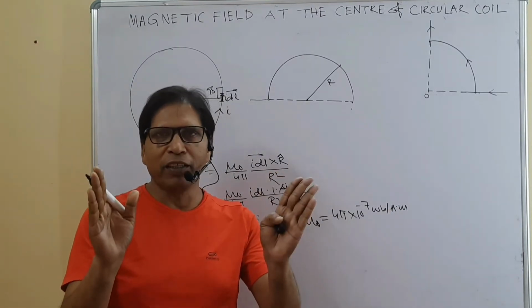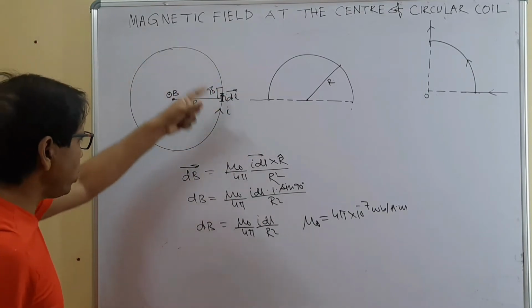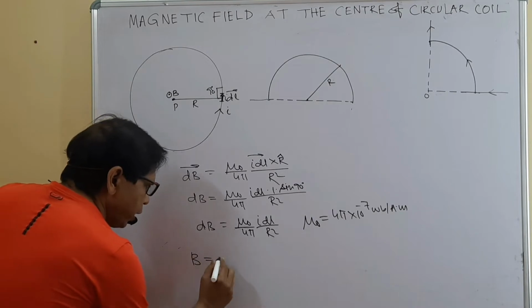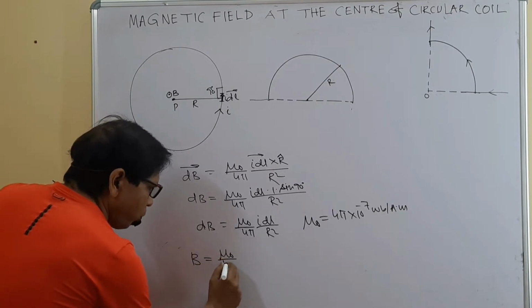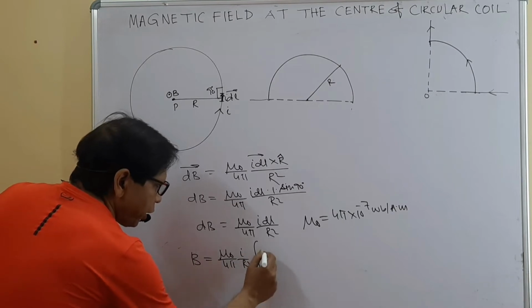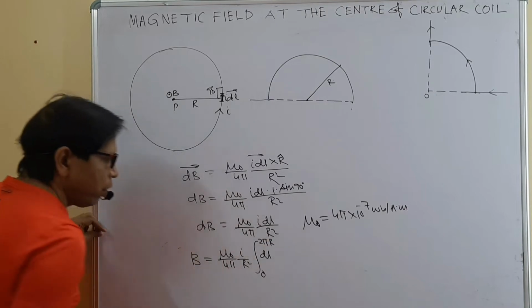Now, the total magnetic field due to the whole circular coil: B equals mu naught by 4 pi, I by r squared, into the integration of dl from 0 to the total length 2 pi r.